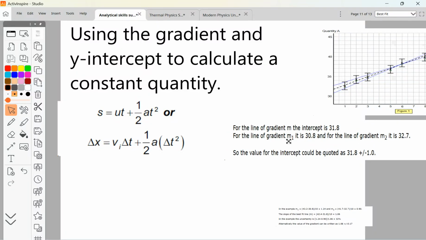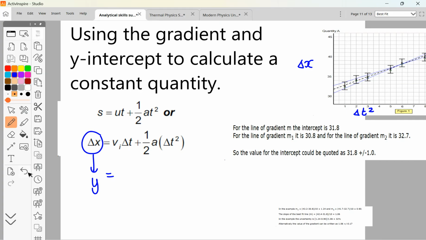But now, if the question asks you for something specific, so it's not just a quantity. Let's say here we've plotted delta x or s, so I'm just going to use that, so that becomes my y equals, and then they tell you that here you've plotted, for instance, delta t squared, or t squared.